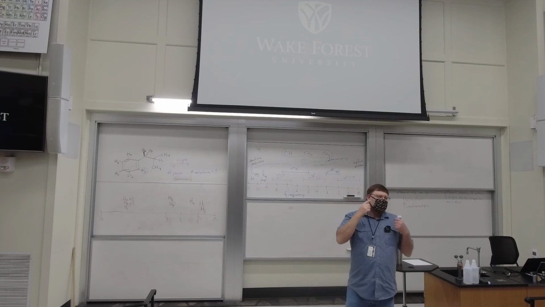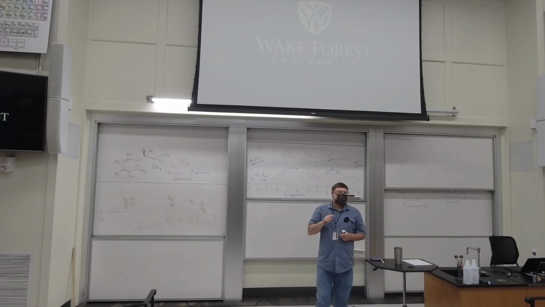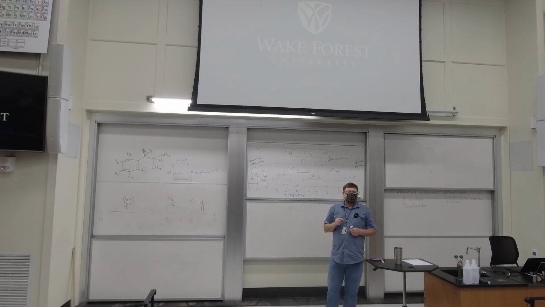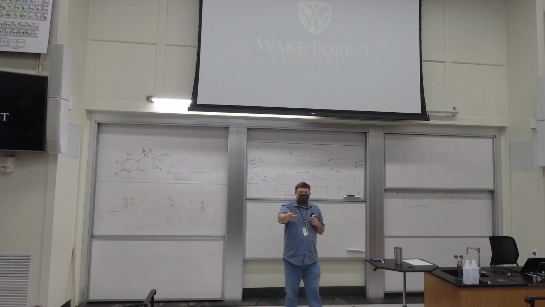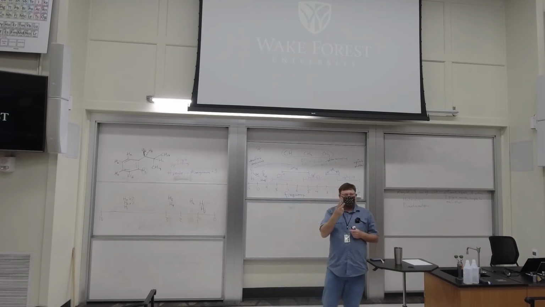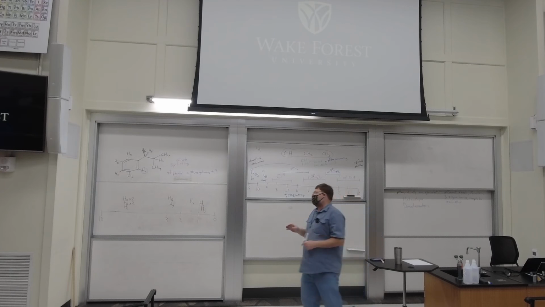That plus 1, the proton itself, if it has no neighbors, will show up as a line. If you have one neighbor, that neighbor could reinforce the external field or it could oppose the external field. 2 levels. If I have 2 neighbors, they could both reinforce, they could both oppose, one could reinforce, one could oppose. 3 levels. So the number of peaks in a signal will be the number of near neighbors plus 1. That's at a simplest go.